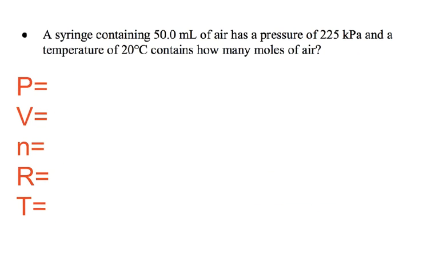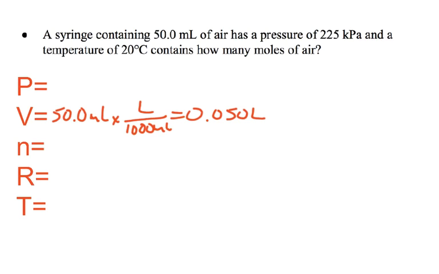Okay, next problem. A syringe containing 50 milliliters, so that's my volume. But I can't leave it in milliliters. I know that there's 1,000 milliliters per liter, which is the same as moving my decimal point, so 0.050 liters.